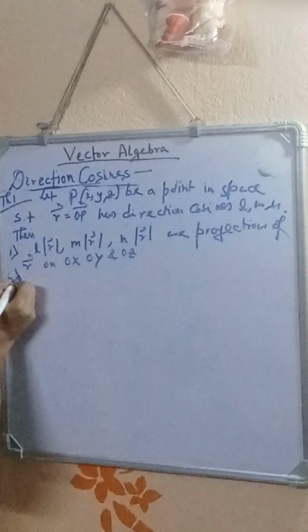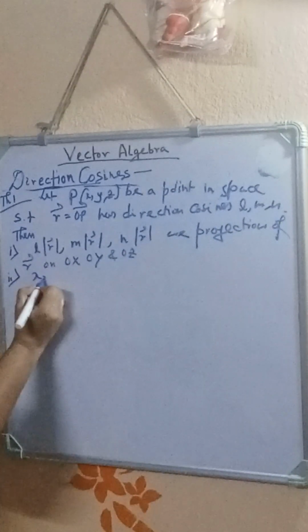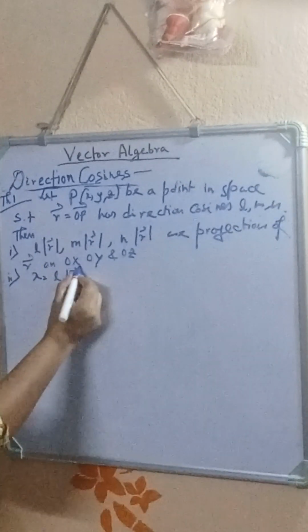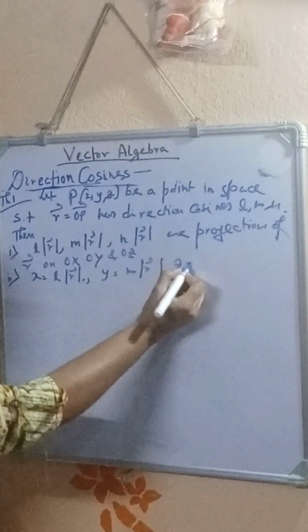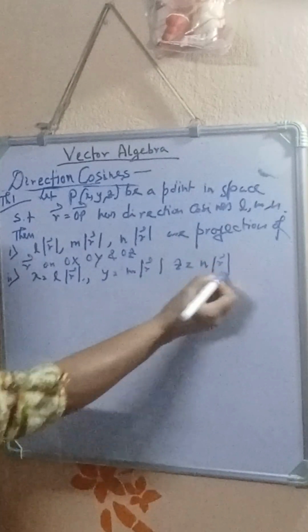Number 2: x equal to l|r|, y equal to m|r| and z equal to n|r|.